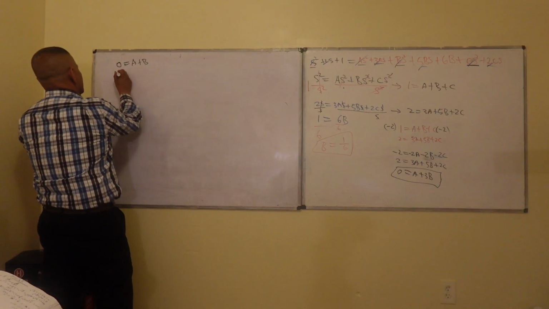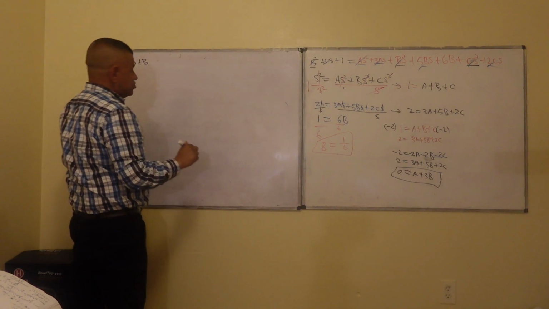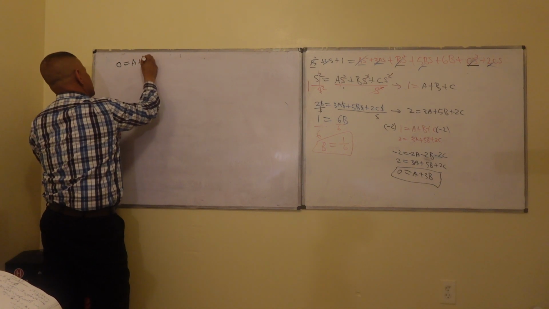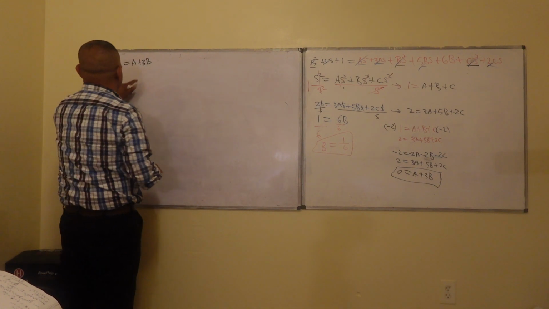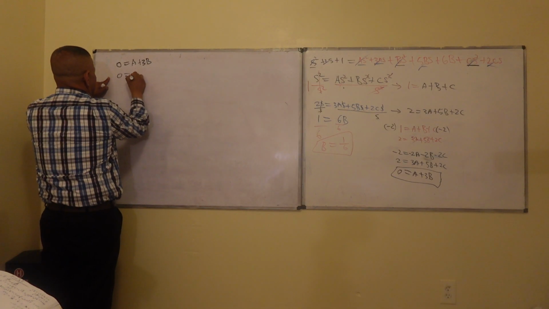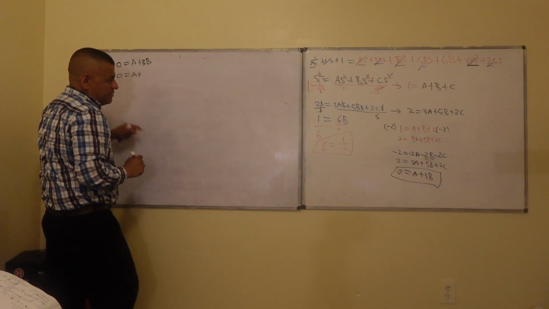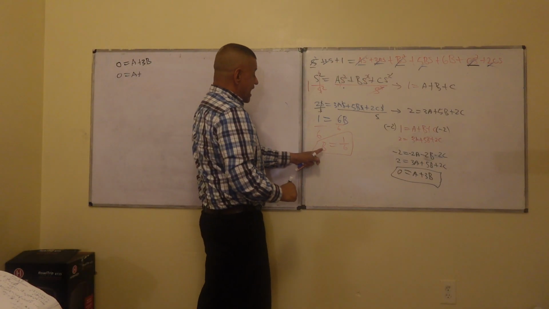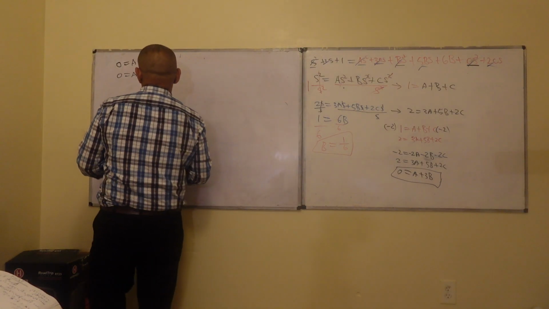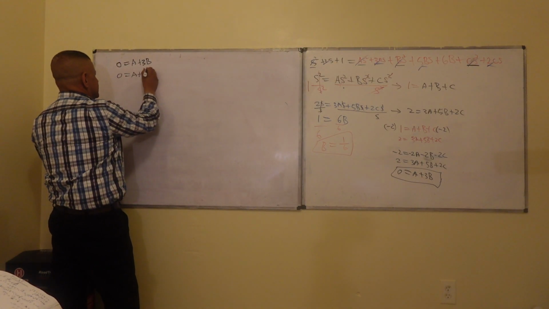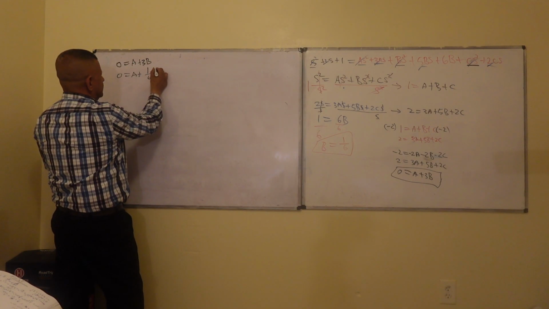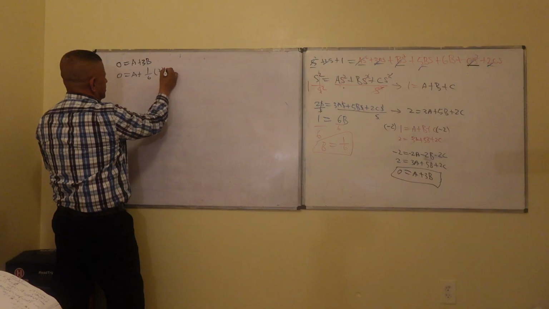So 0 is equal to A plus, replacing B by 1/6, times 3.